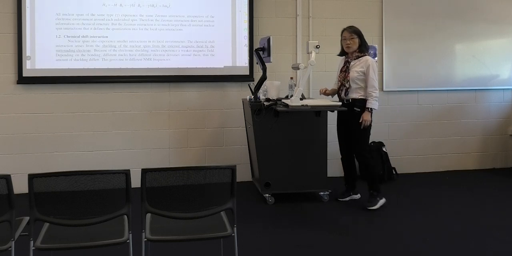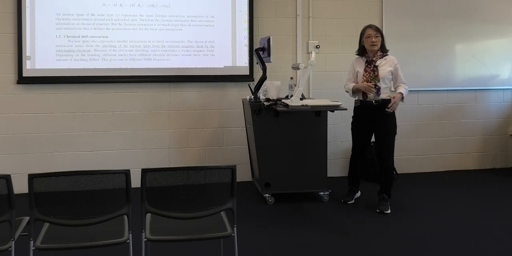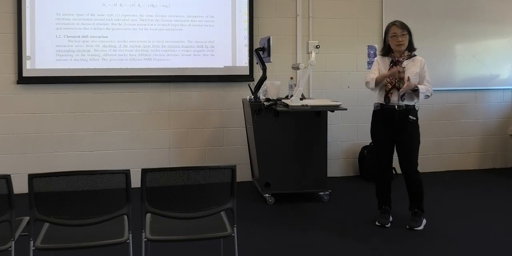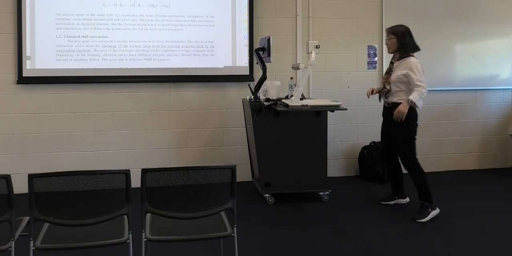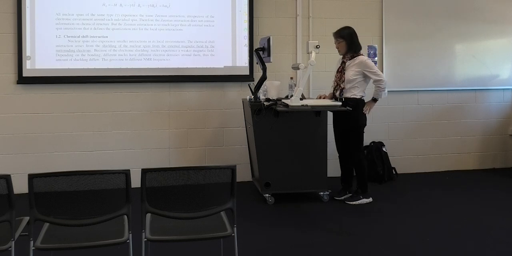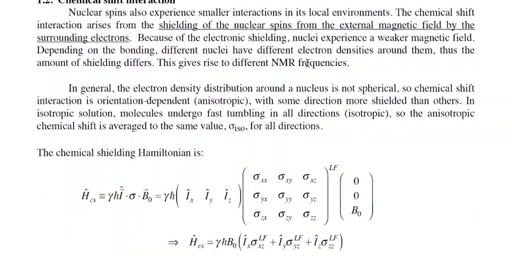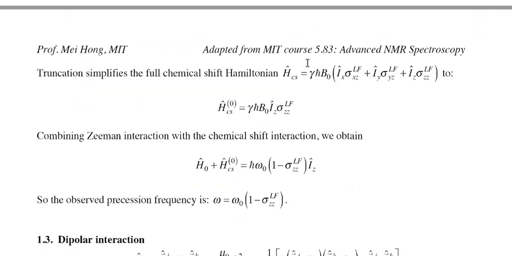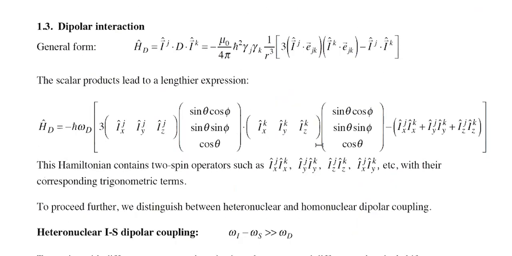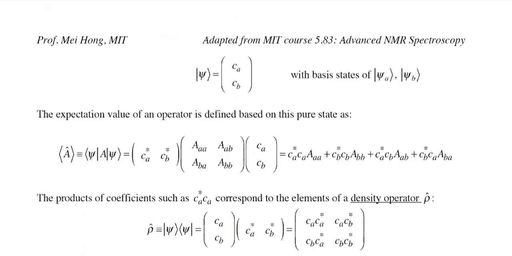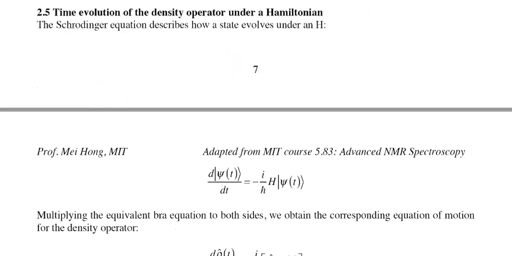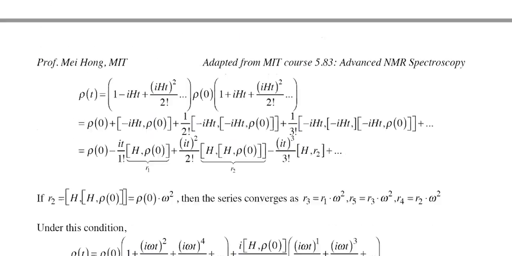All right, so if you, for example, want to work out where the equilibrium density operator expression comes from, the proof, some of the mathematics, they're here. I think this set of notes really tries to go through all the proofs. So I go to about page 10.